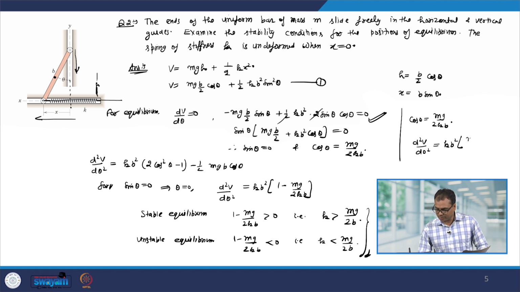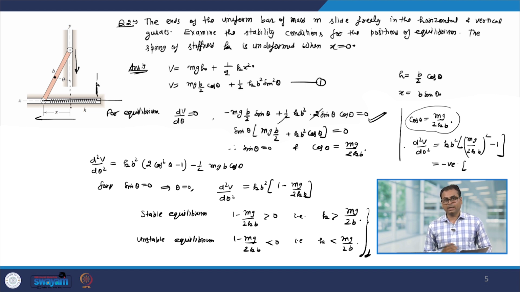So, we will have (mg over 2kb) whole square minus 1. Now, this quantity will always be negative because mg over 2kb is nothing but cos theta, and the value of cos theta cannot be larger than 1. Okay. So, therefore, this will always be negative, that means in this case the equilibrium will be unstable.